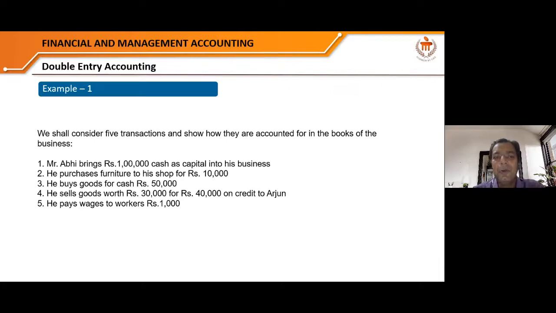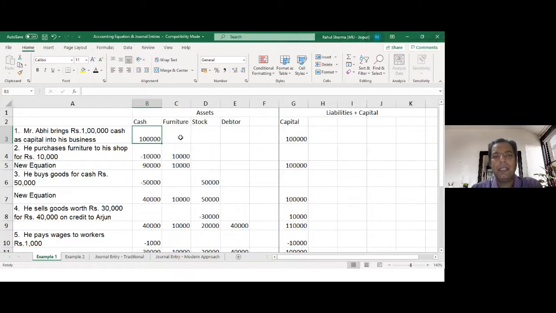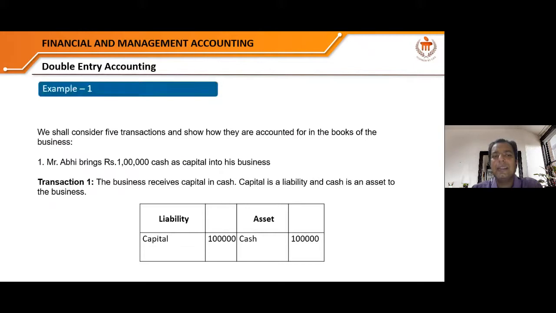I'll shift to sheet one here, example one. When we said that the person has started business with cash, it looks something like this in a balance sheet: you have a liability on the one side and the asset on the other side. So you have capital and the cash. That's how the balance sheet looks.